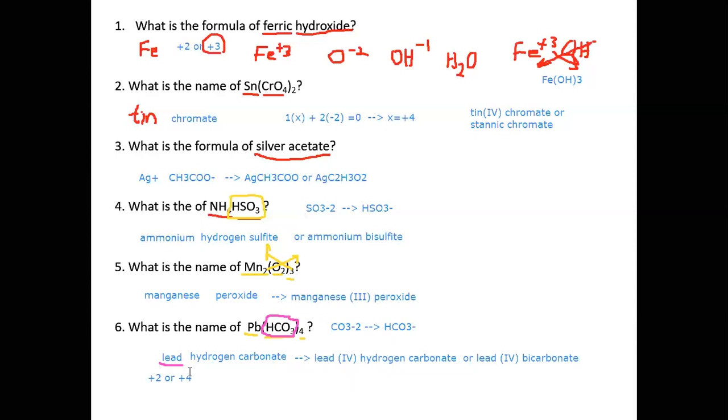So with that, we can also write plumbic bicarbonate or plumbic hydrogen carbonate. So either name is acceptable. So again, you have to know those polyatomic ions. The best way to do that is by making flashcards. One side has the formula, the other side has the name.